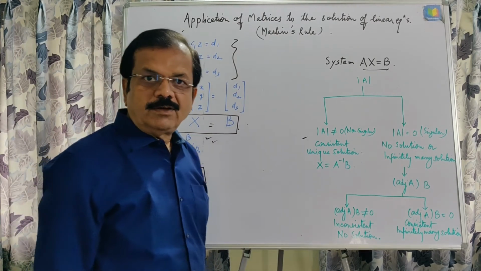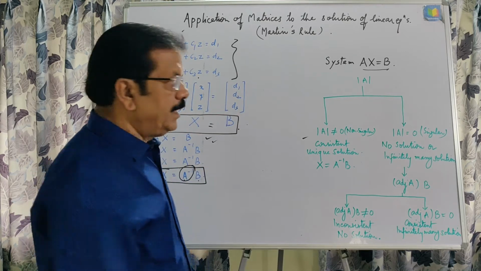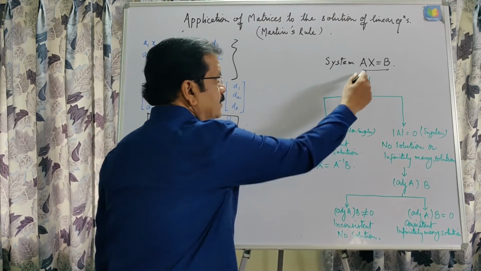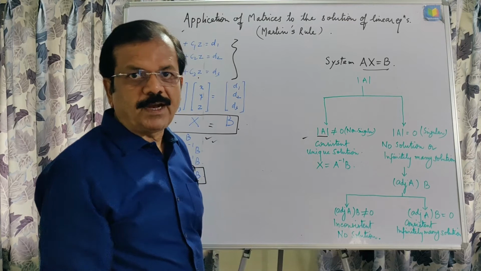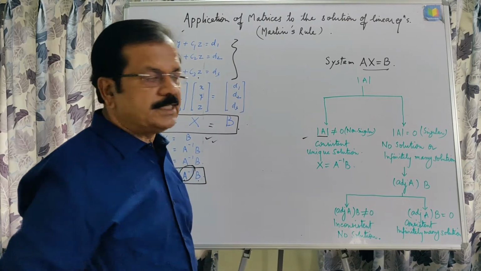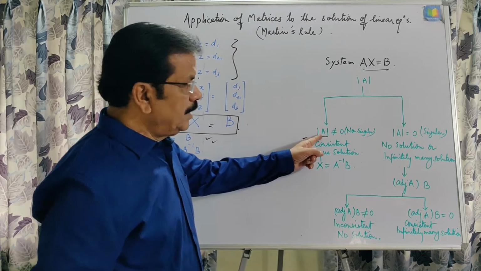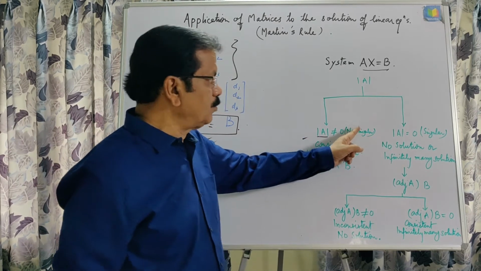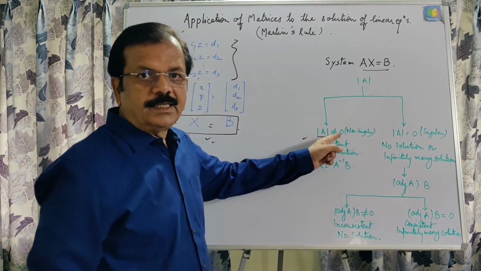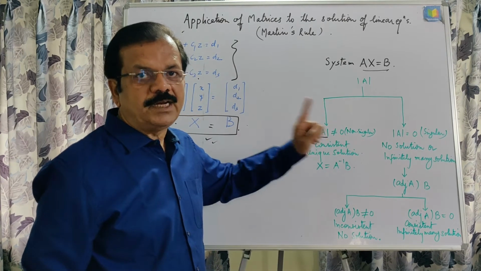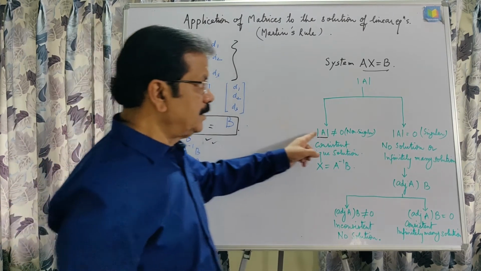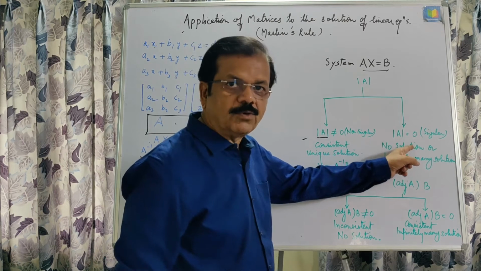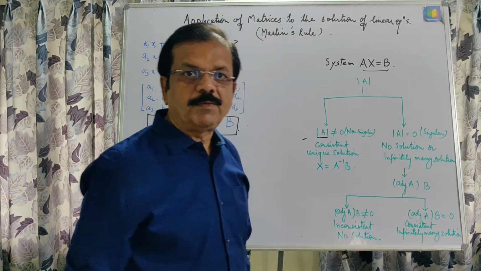As we already studied, we find the determinant of A, as we did in previous chapters. If the determinant of A is not equal to 0, then this is a non-singular matrix, and if the determinant of A is 0, then this is a singular matrix.